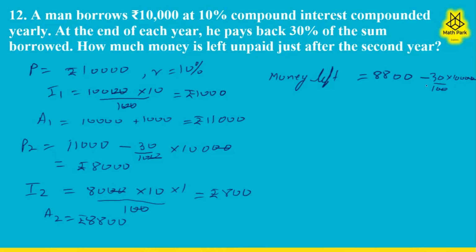So this is 3,000. So which is 8,800 minus 3,000, which is 5,800. So this is your final answer. 5,800 is left after the second year, which is unpaid.